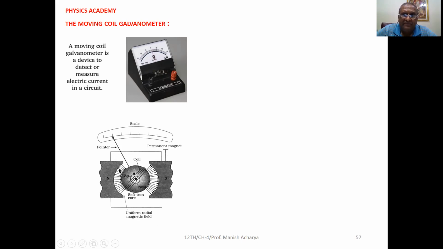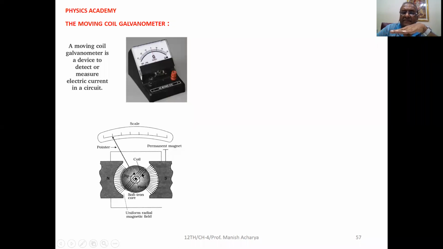Now see here, in the construction of this one, two cylindrical type magnetic poles, north and south, are there. So due to this shape of the magnetic poles, the magnetic field will be a radial one. Now in this particular magnetic field, a coil is placed. See, this one is the rectangular coil placed in the magnetic field.